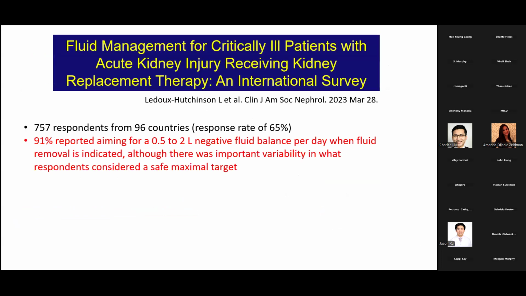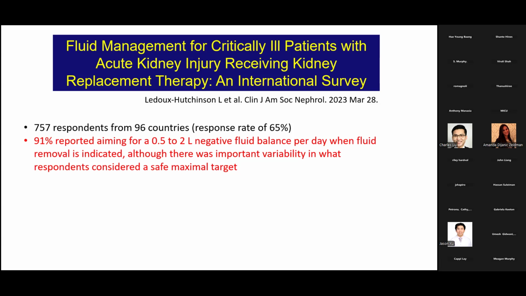In a more contemporary survey a couple of years ago, approximately 800 participants from 96 countries were interrogated. I think this survey targeted a good group of nephrologists and intensivists to do some comparisons.